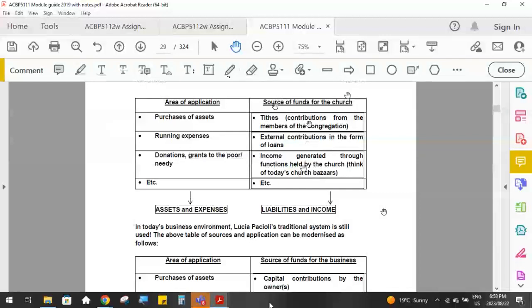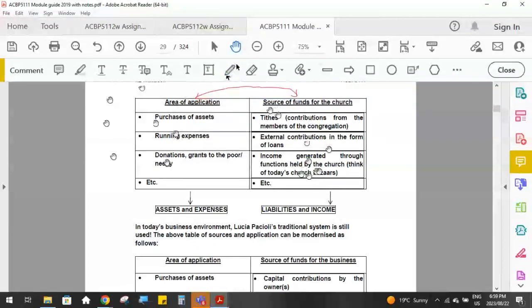And exactly the same thing, so that is the source of funds. The application of the funds would be, what did they use those funds for, what did they purchase with those funds? They used them for running expenses, and also some of it in those days they gave as donations or grants to the poor or needy. But again, they had to always record all of the money that we have got in total, and what did we do with that money.